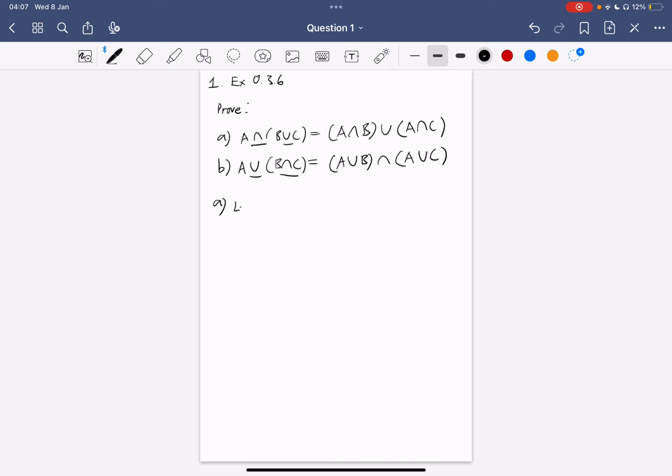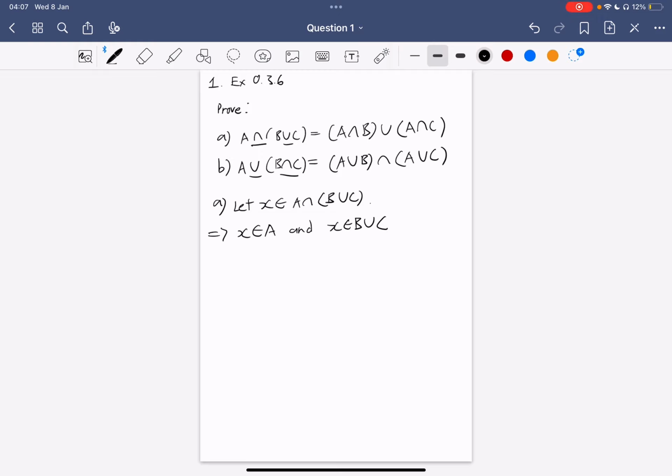So we first let X be an element of the set on the left-hand side. That implies that X is an element of A and one of B or C, right?